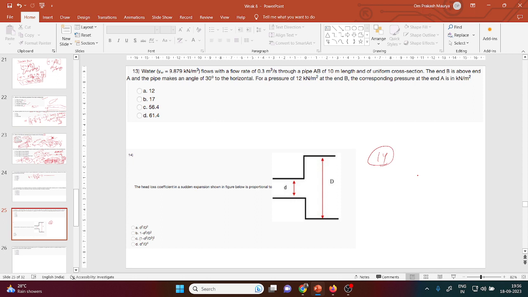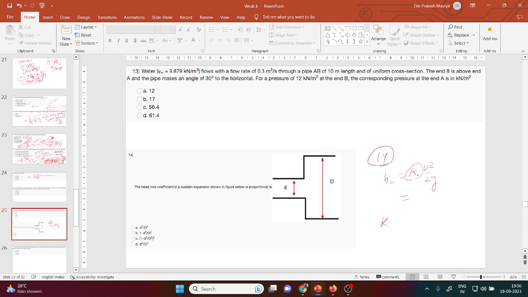The pipe suddenly expands from small d to capital D. So the head loss is proportional to what? You know head loss is k V square by 2g, so it is asking what is the value of k.